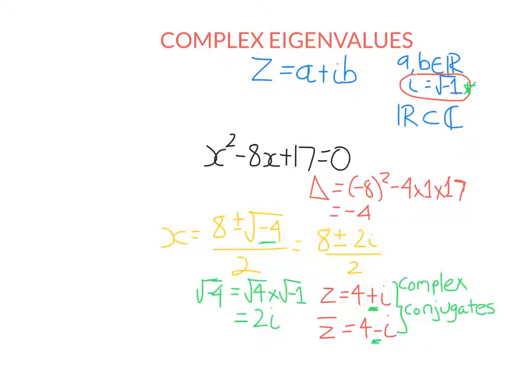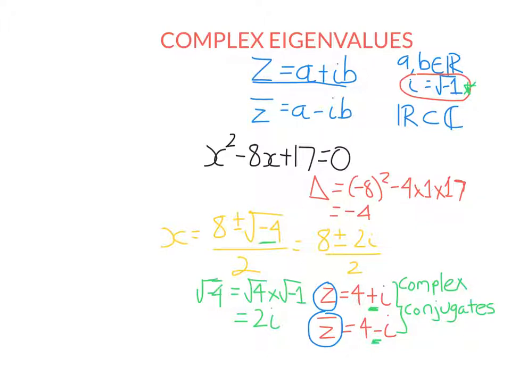A complex conjugate of a complex number is the same number, you just change the sign in the middle. So if z is a plus ib, its complex conjugate is a minus ib. Complex conjugates are very important. The reason is that if you add together a complex number and its conjugate, you get a real number.